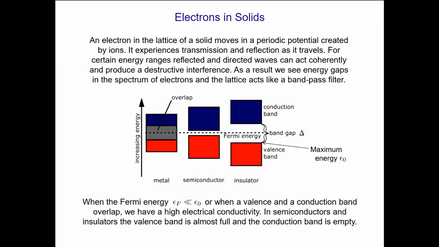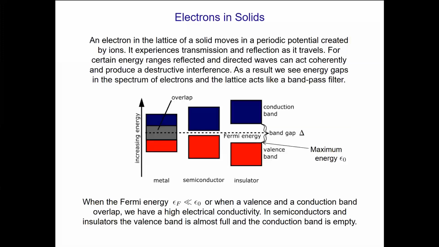For certain energy ranges, these direct and reflected waves can act coherently and produce destructive interference. As a result, we see energy gaps in the spectrum of electrons, and the lattice acts like a band pass filter.